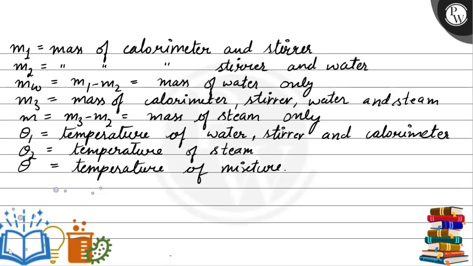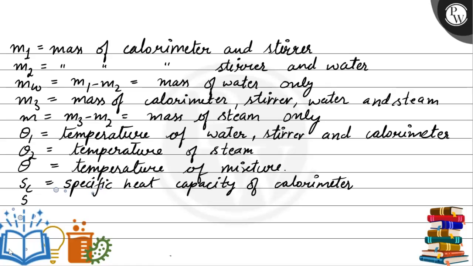And SC is the specific heat capacity of calorimeter, SW is the specific heat capacity of water, and LV is the latent heat of vaporization.